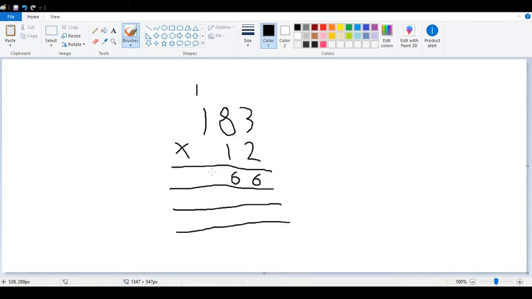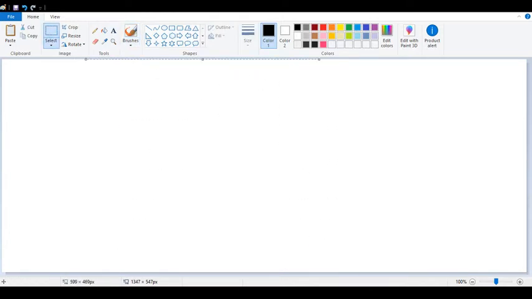Times 100 is 200. Add the 1 for like here. Now for the tens, well, we add a 0 here, then start again. Then you add those two numbers together, and there's your answer.